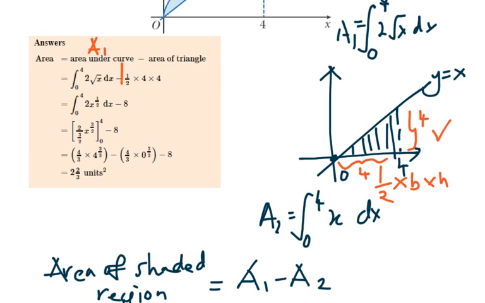So you can get the area also by using the simple triangle formula for A2. Then integrate, substitute, and you will be able to get the answer for the area in between the curve and the line.